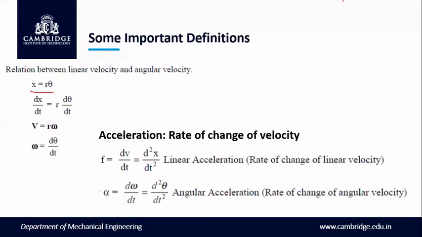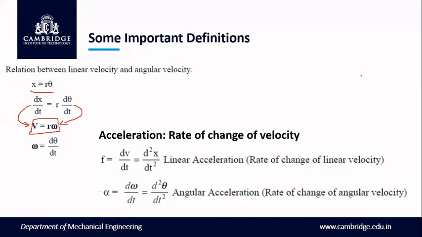And we know the first derivative of displacement is linear velocity and first derivative of angular displacement is angular velocity, which can be represented as v and omega. Hence, the relationship between linear velocity and angular velocity is v is equal to r omega, where omega is equal to d theta by dt.